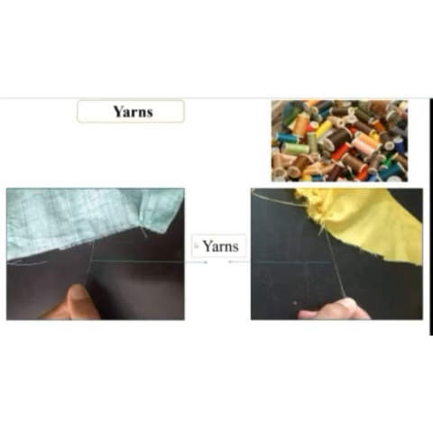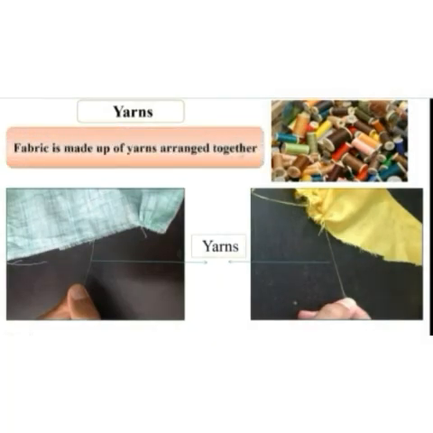So these loose threads, students, are called yarns. What are they called? They are called yarns. So thus you can say that fabric is made up of yarns arranged together. So what can we say? That fabric is made up of yarns arranged together.